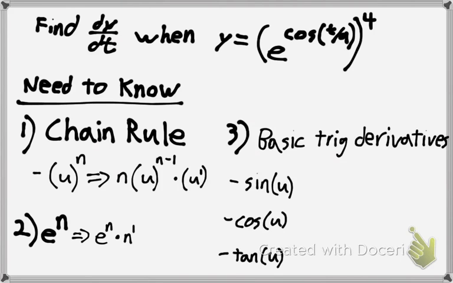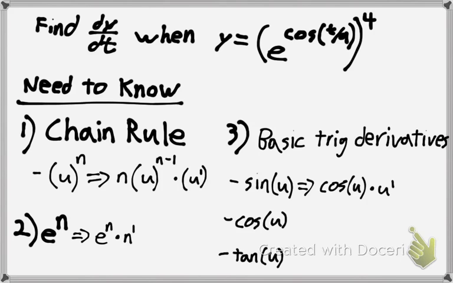And then you're going to need to know the basic trig derivatives. Really, you just need cosine, but for the purposes of this video, I'll tell you all of them, all the basic ones. So when you have the sine of u, the derivative would be cosine of u times u prime.